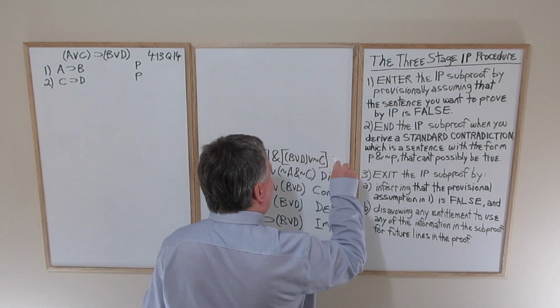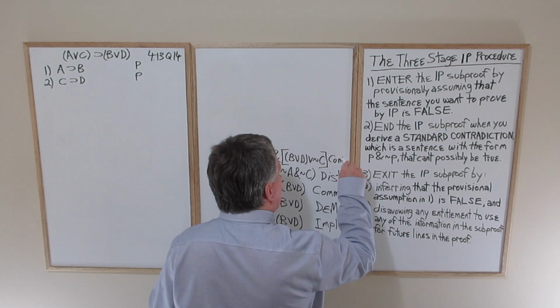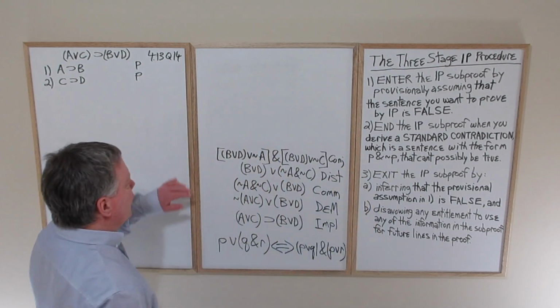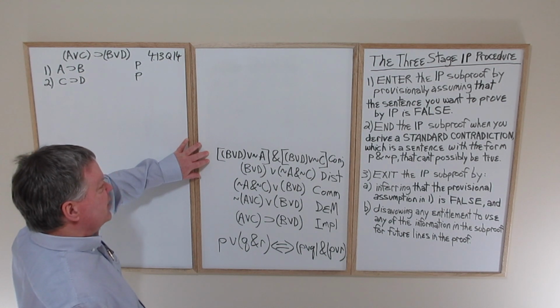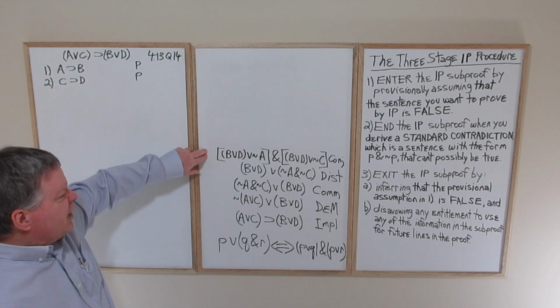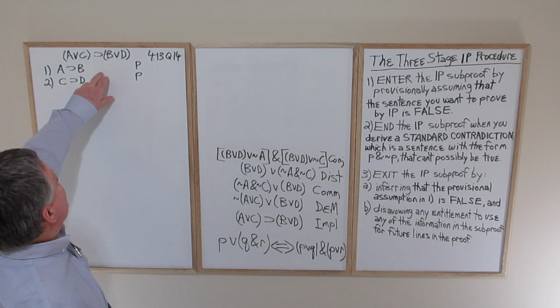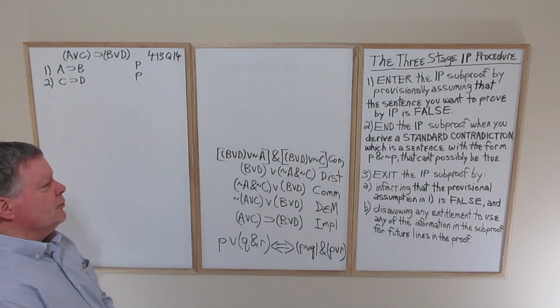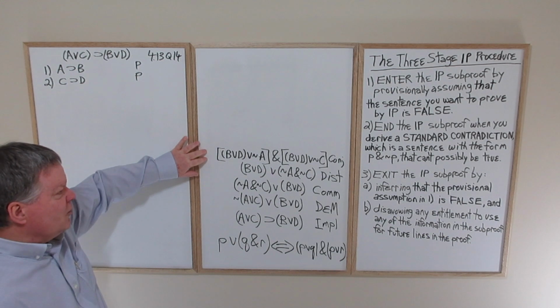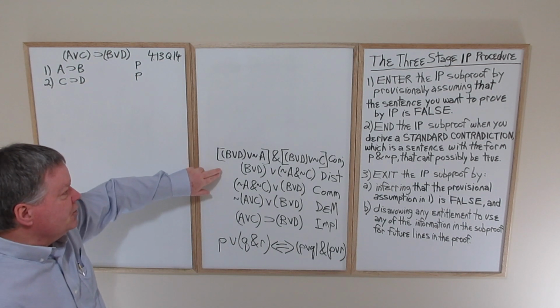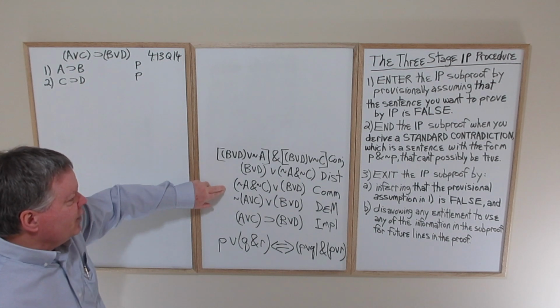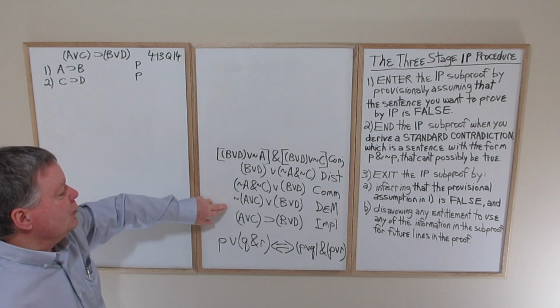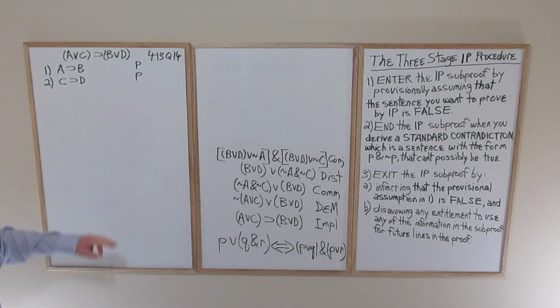Answer, we'll get it using the conjunction rule. So we'll have to get each of these conjuncts separately. Can we get each of these conjuncts separately from our two premises? If we can, then we can put them together by conjunction, do a distribution to get this disjunction, do a commutation, De Morgan's, and implication to get our assigned conclusion.